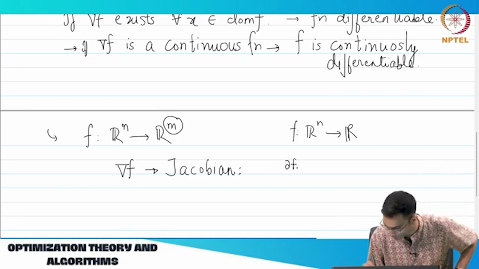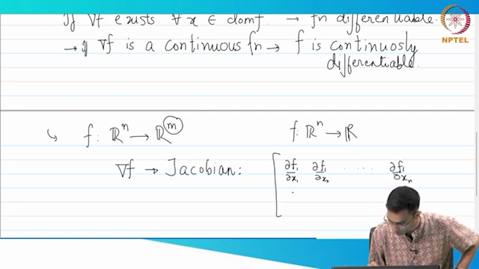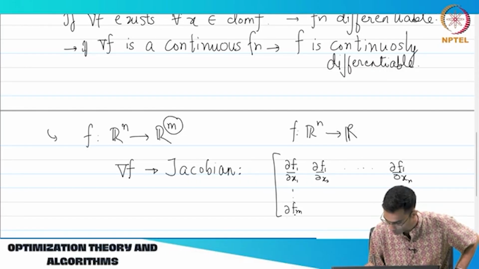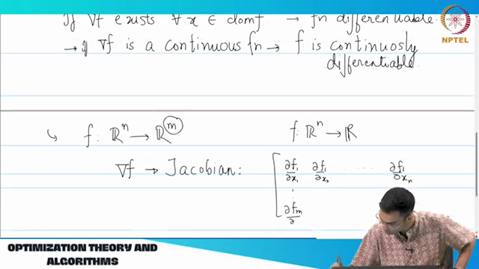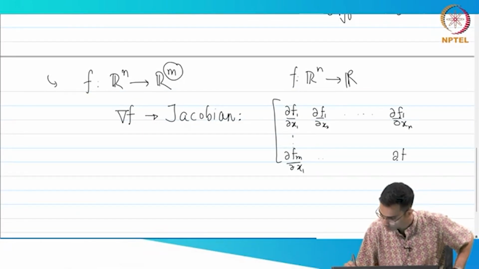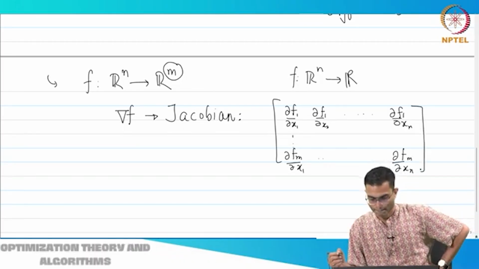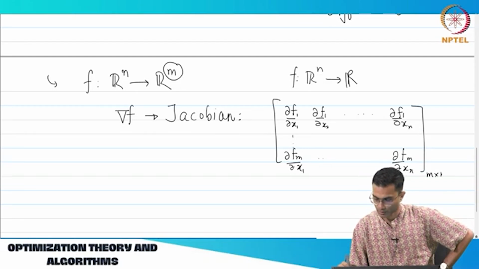So df1 by dx1, df1 by dx2, all the way up to df1 by dxn. This is the first row, up to dfm by dxn. So what is the size of this matrix? M rows, n columns.